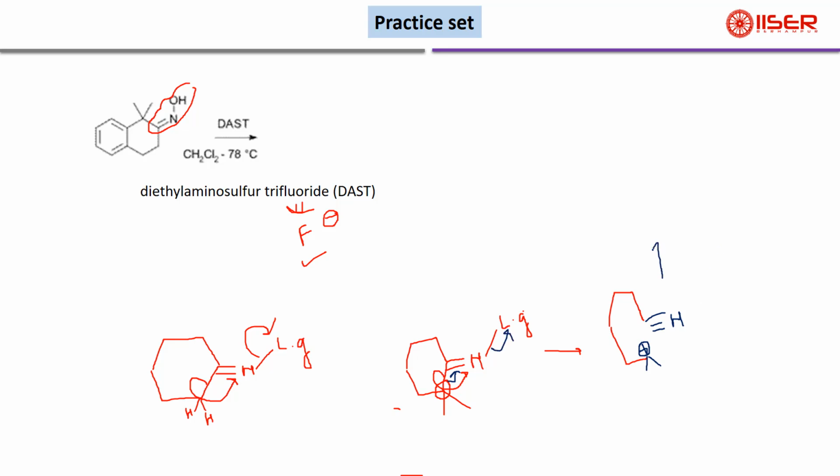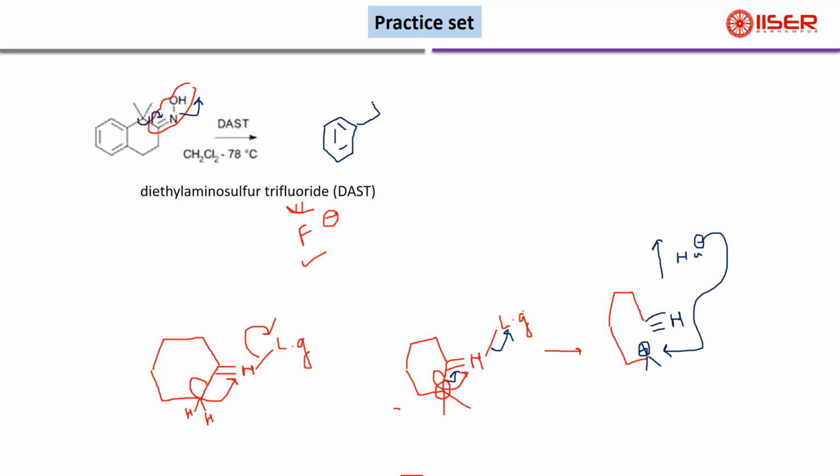Then if there is a nucleophile or water in the medium, that nucleophile will attack this carbocationic center. The similar scene can take place here because this is a highly substituted carbon atom. This will come here and get eliminated from the system, generating a benzylic as well as tertiary carbocation.